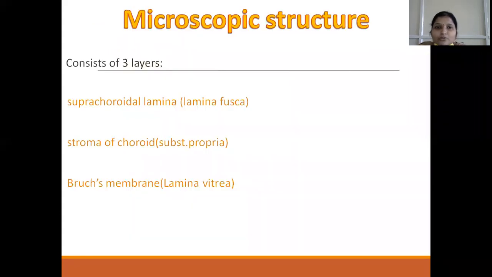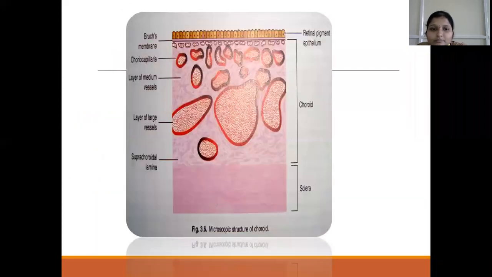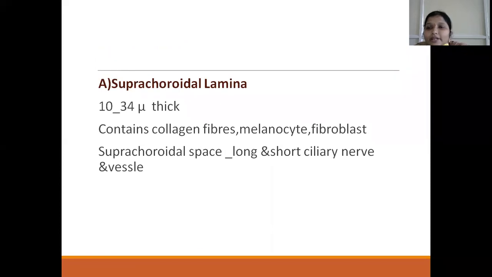Coming to the microscopic structure, it consists of 3 layers: suprachoroidal lamina, stroma of the choroid, and Bruch's membrane. The suprachoroidal lamina is about 10 to 34 microns thick and contains collagen fibers, melanocytes, and fibroblasts.